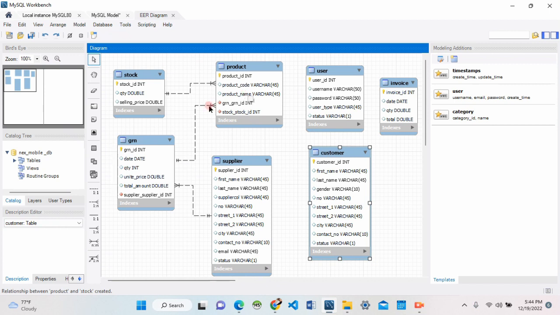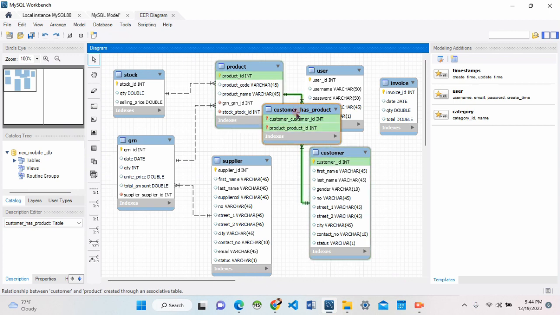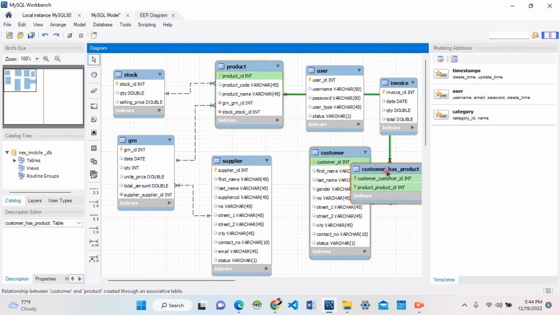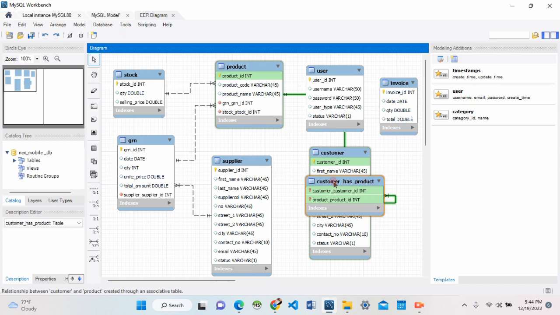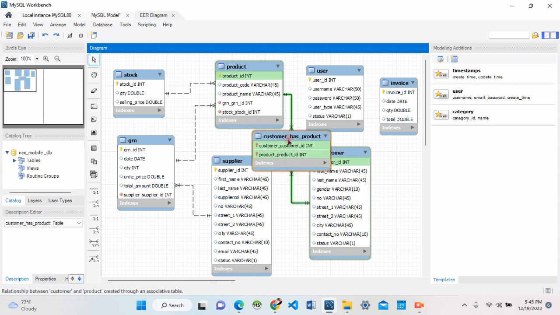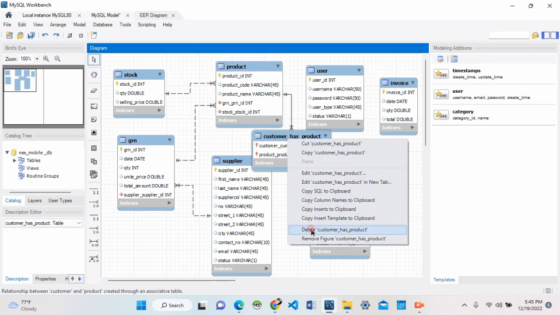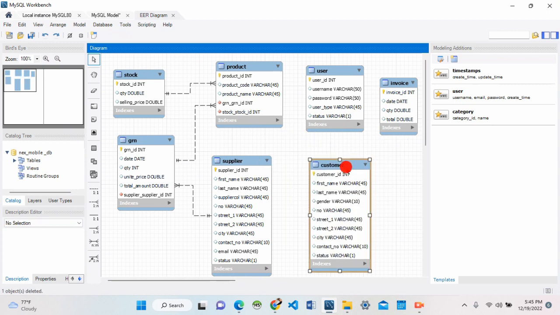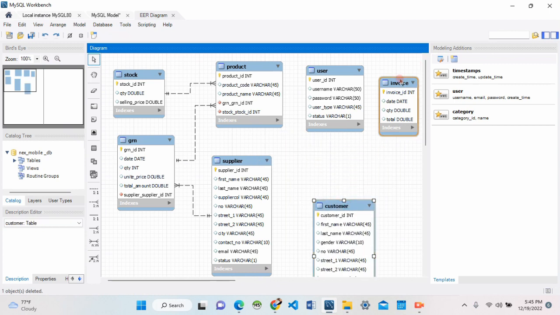So if we mark a relationship here, it would be a many-to-many relationship. If I mark it like this, it will create a new table, like one named customer has product, but we have created an invoice table. So we don't want a customer has product table, we will use the invoice table instead of making a new table.